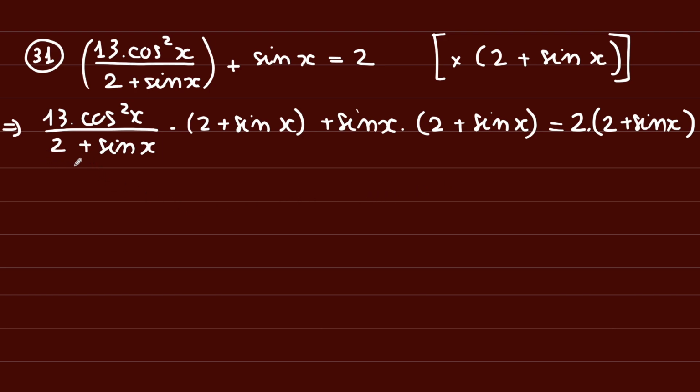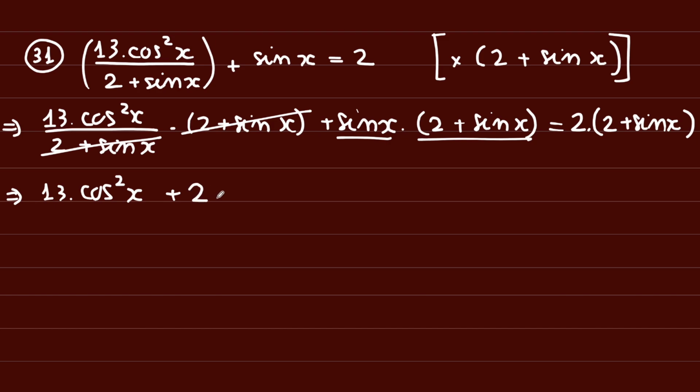Okay, so after simplifying, this bracket can be cancelled with this one, and this term becomes 13 cos h. How about the next one? Sin multiplied by this. Expand this bracket, you get 2 sin h plus sin square h. And the right hand side, you get 4 plus 2 multiplied by sin h.